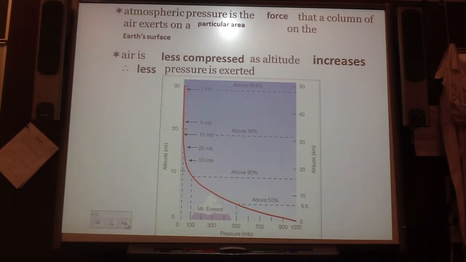Therefore, less pressure is exerted. So if you're climbing a mountain that's substantially high, you will experience a lot less density of air available to you.